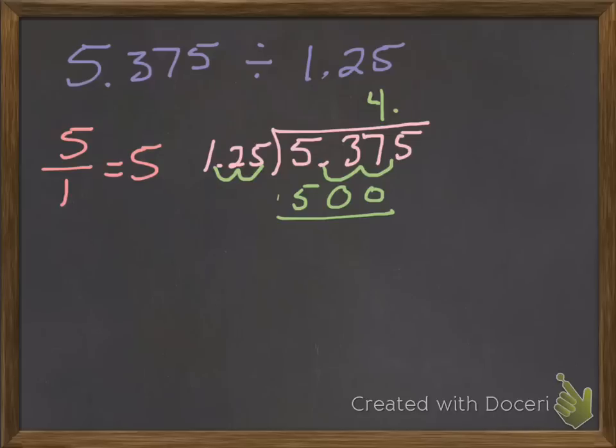And I'm going to subtract those, and that's going to give me 37, and I want to draw my arrow to bring the 5 down, so I have 375. All right, 125 goes into 375 3 times, and that's going to make 375.